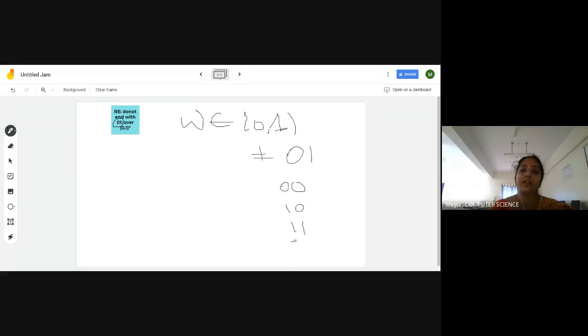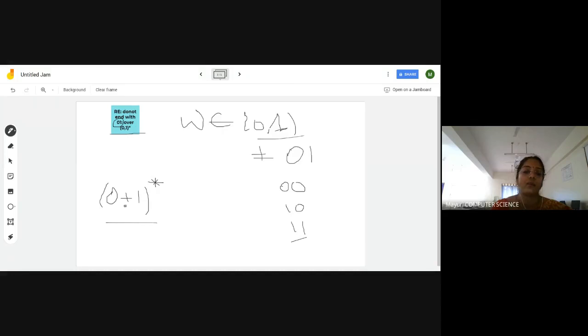Right? End with. What about starting? It is already given. The strings of zeros and ones. I don't bother. What is the pattern it follows? So strings of zeros and ones, how do I write? I will write like this.